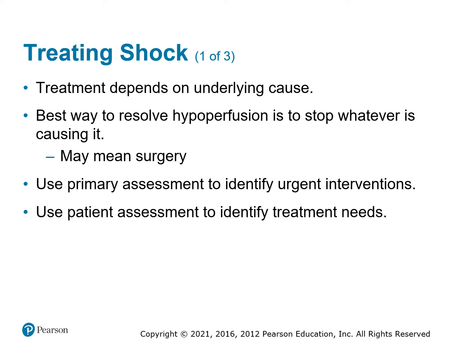If it's an infection issue, that's not something that you can take care of in the ambulance. They need antibiotics. So it's short scene time, rapid transport, get them to the hospital where they can identify those scenarios and take care of them. The best way to stop hypoperfusion is to stop whatever is causing it.